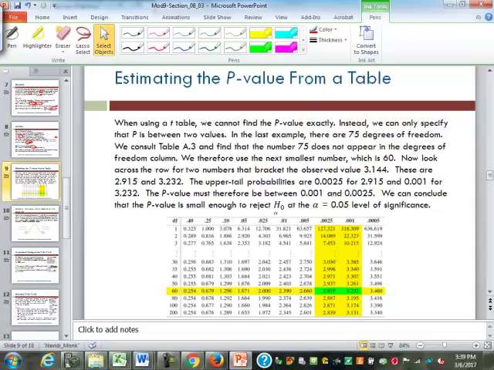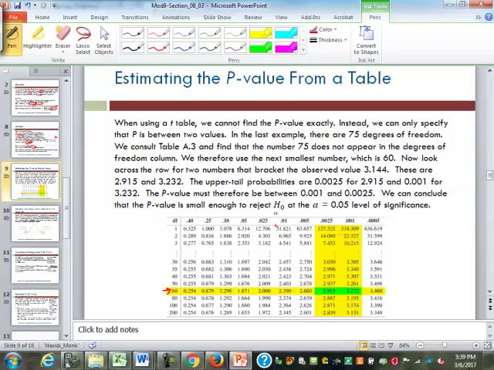Now we could use the tables for the p-value, but with calculators and Excel we generally don't have to rely on that anymore. But you could use the tables to find the p-value. Remember, we have 75 degrees of freedom, and we'd always go down to the lower one, which would be 60. Look that up. It's 0.05 for one tail.